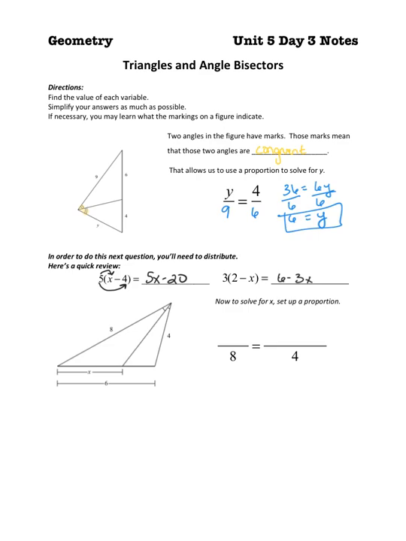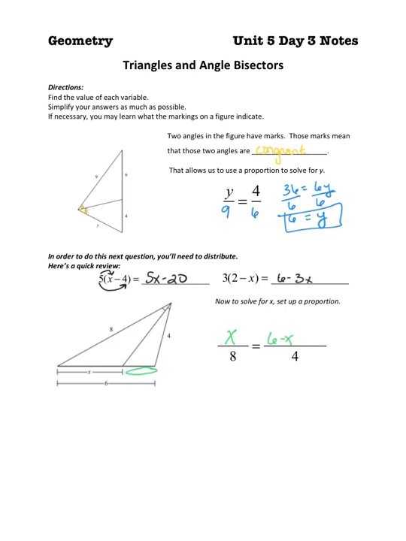So the side of the triangle that corresponds to 8 is x. Now the side of the triangle that corresponds to 4 is this piece, but this piece doesn't have a variable, does it? So it is 6 minus x because it's the big piece minus the small piece. Remember, segment addition, it also works backwards.